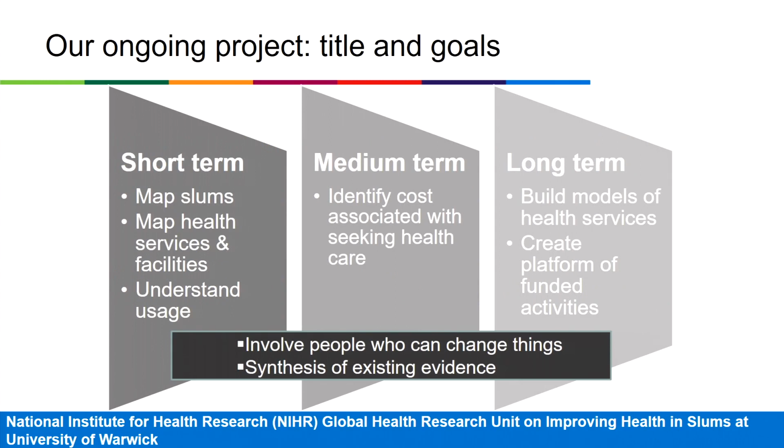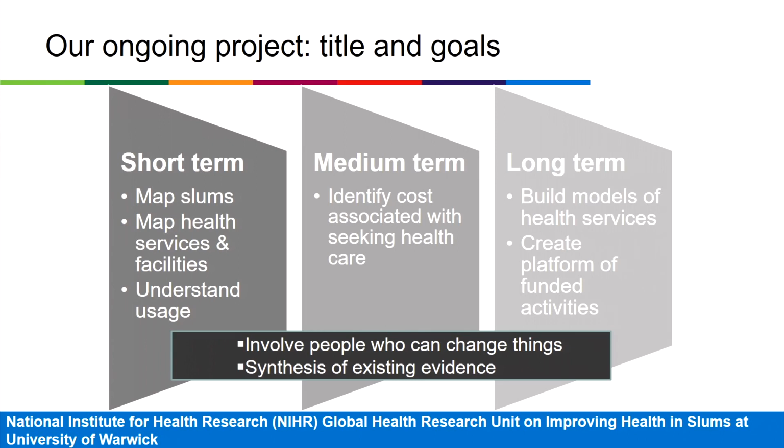This ongoing project is titled National Institute for Health Research, Global Health Research Unit on Improving Health in Slums at University of Warwick. The goals are to map health services and facilities and understand their usage across several slums in Asia and Africa, and to build on these maps to identify costs associated with seeking healthcare, and also to build economic models of health services.